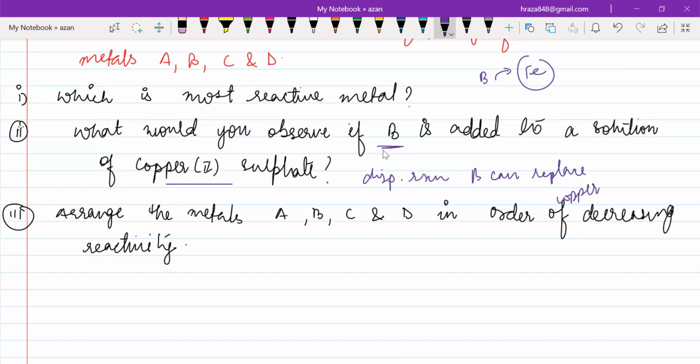Because B is reactive. If B is going to replace iron from its salt solution, then B can also replace copper from copper sulfate solution, because iron is more reactive than copper, and B can replace iron. That means B can easily replace copper. Yes or no? Yes.